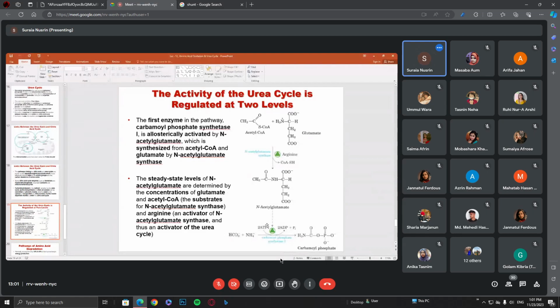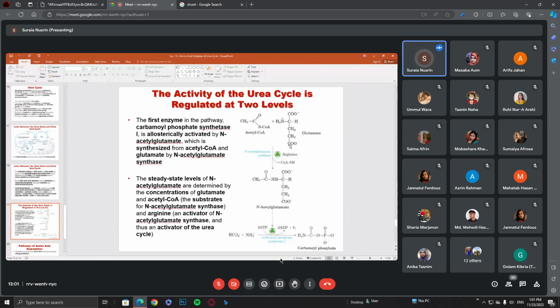In return, N-acetyl glutamate is synthesized from the substrates acetyl CoA and glutamate by the enzyme N-acetyl glutamate synthase. So if this enzyme is active or its substrates are available, then N-acetyl glutamate will be there, and enough N-acetyl glutamate will ensure the synthesis of carbamyl phosphate.